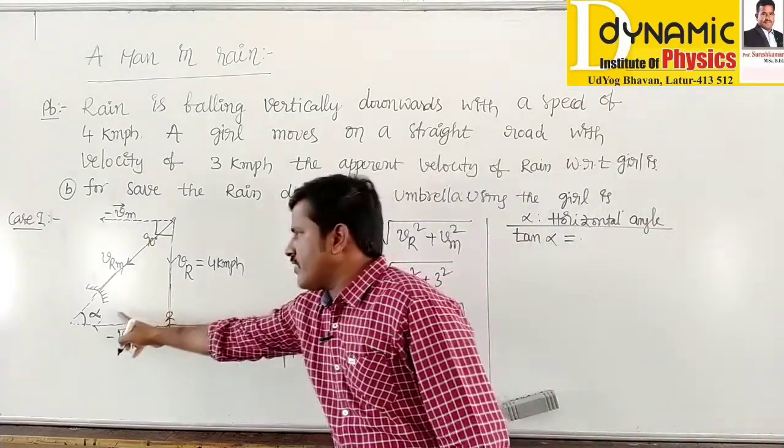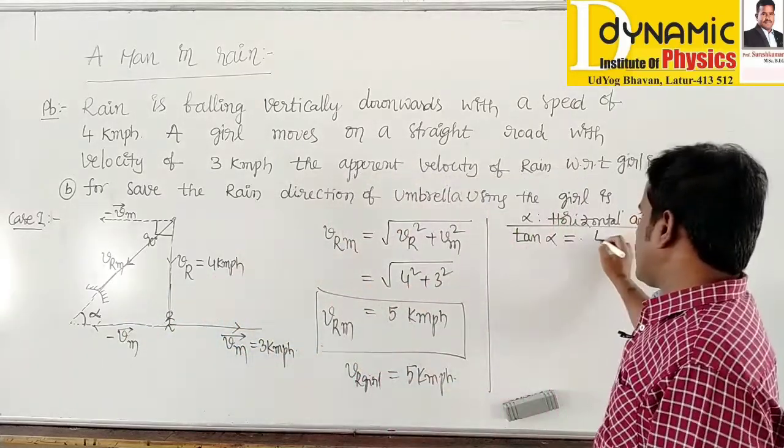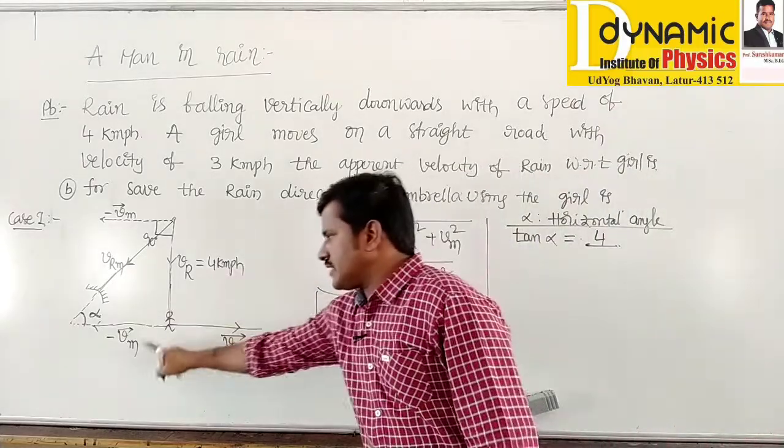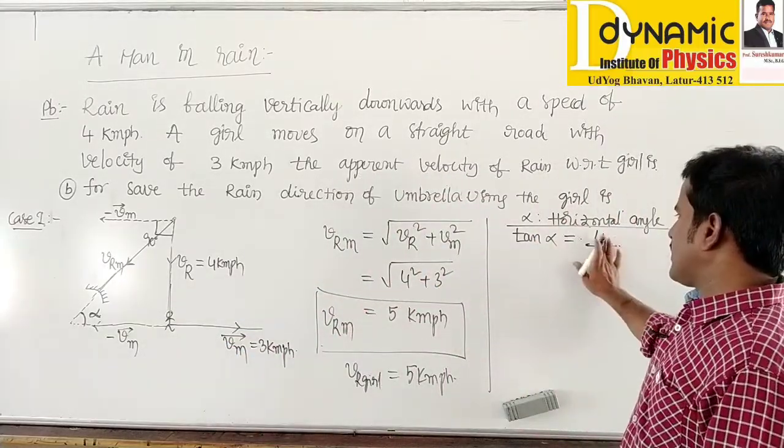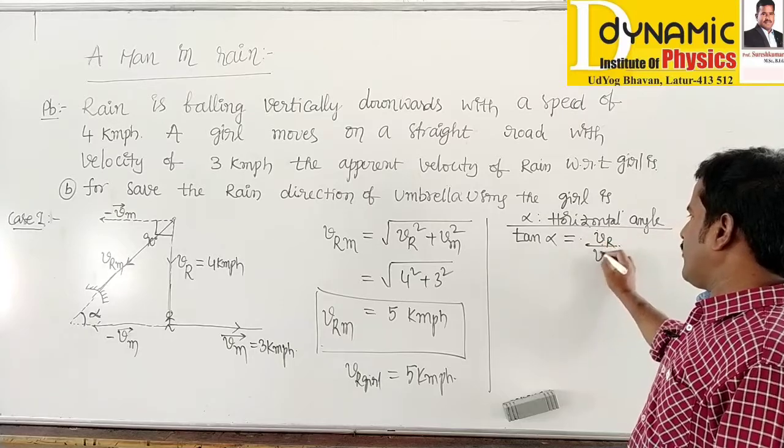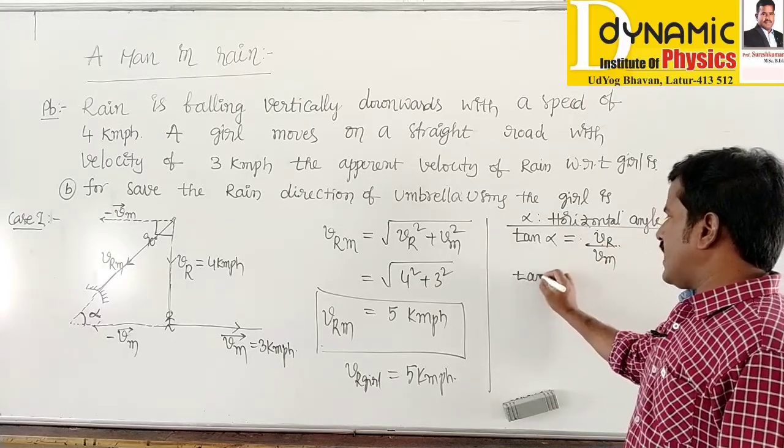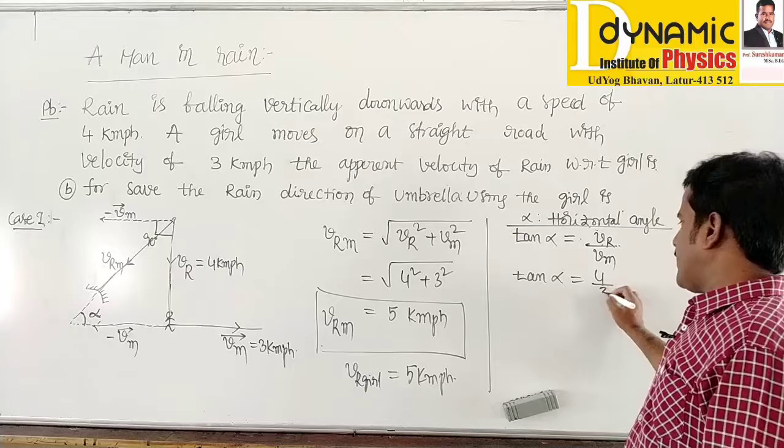Tan alpha is opposite upon adjacent, which is Vr upon Vm. So tan alpha equals 4 upon 3.